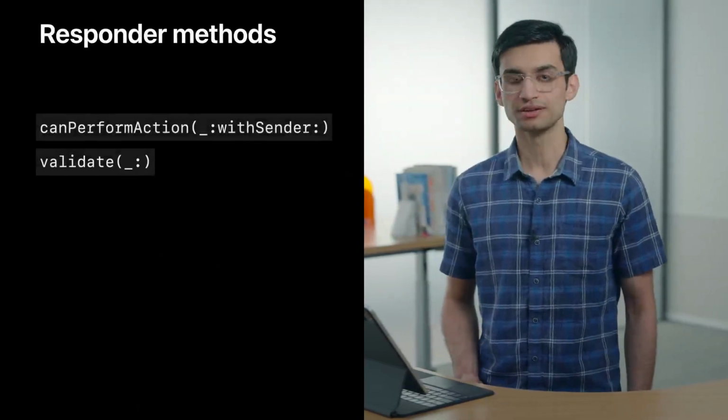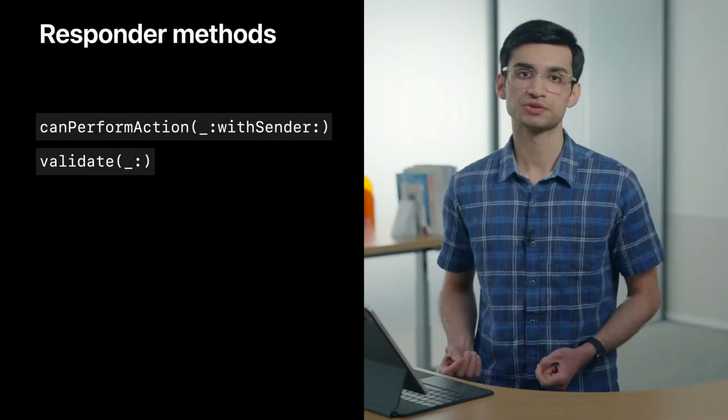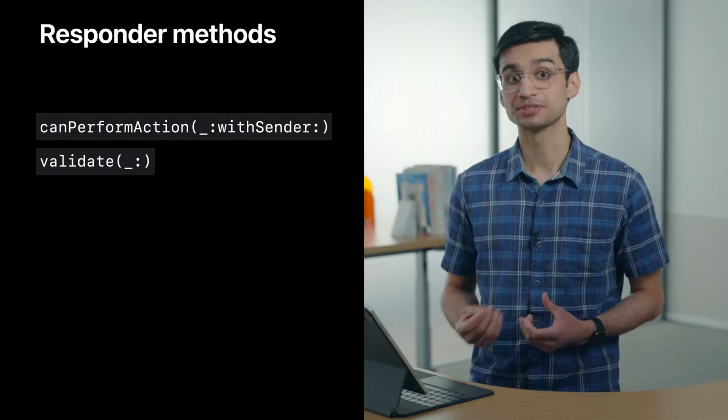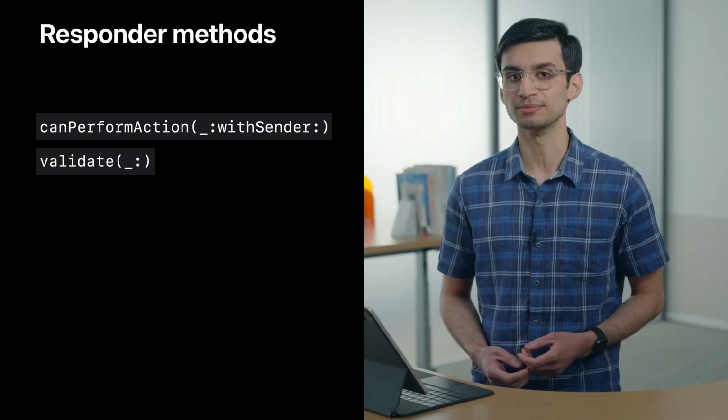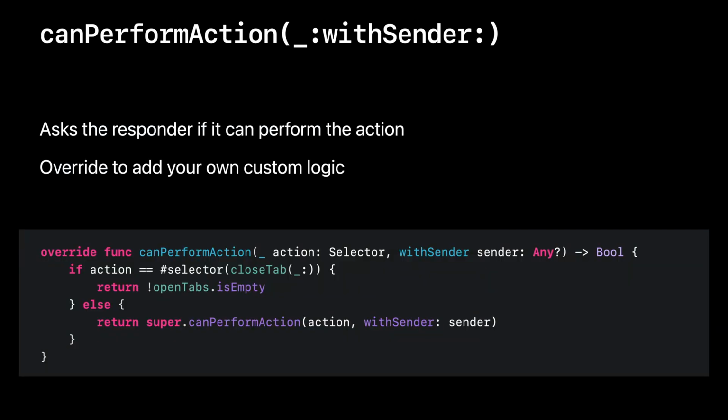When UIKit performs a responder search along the chain, it calls two useful UIResponder methods. Apps can override these methods in their responders to improve their key commands. The first is canPerformAction(_:withSender:), which UIKit uses to check if a responder can perform an action. By default, this returns true if the responder implements that action method. Otherwise, it returns false.